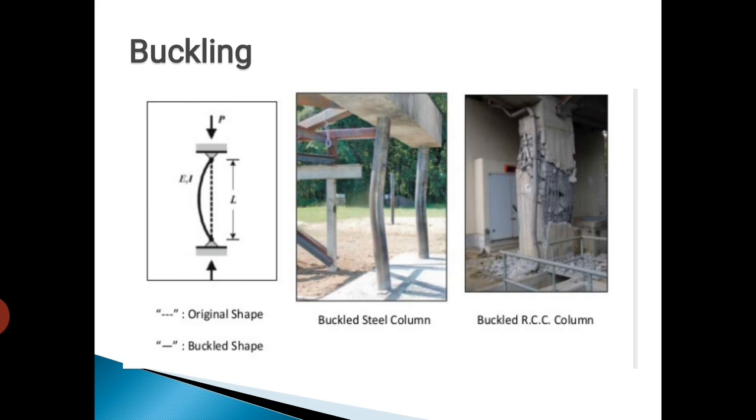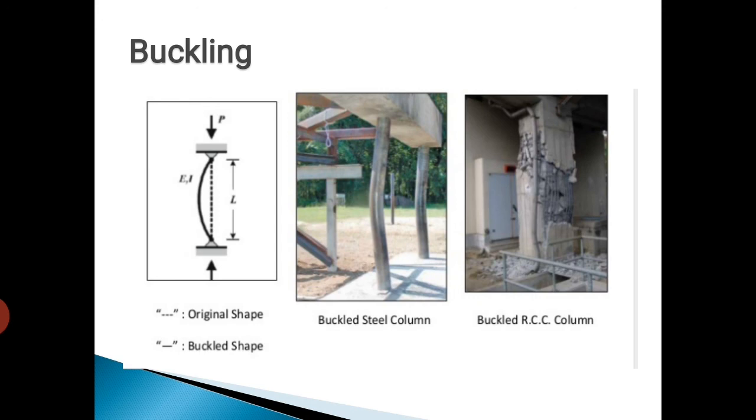Figure 1 shows the condition of buckling. The dotted line shows the original shape of the member, and the bold line shows the buckled shape of the member.